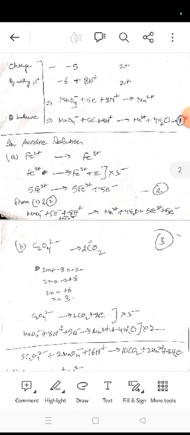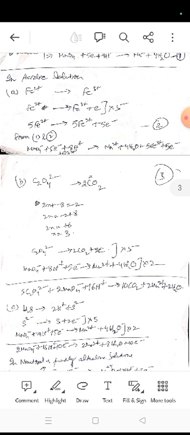Finally we get the balanced equation: 5C2O4 2- plus 2MnO4- plus 16H+ on the right hand side gives you 10CO2 plus 2Mn2+ plus 8H2O.